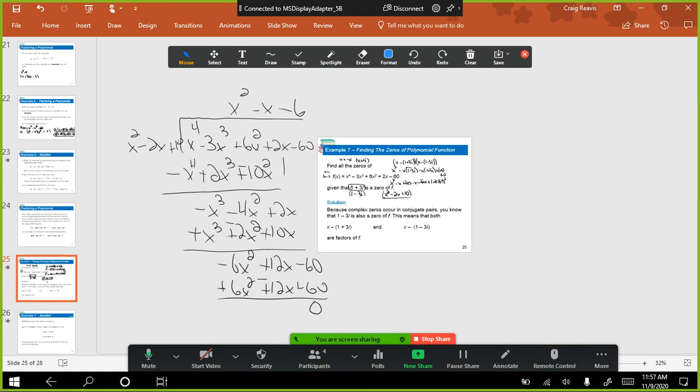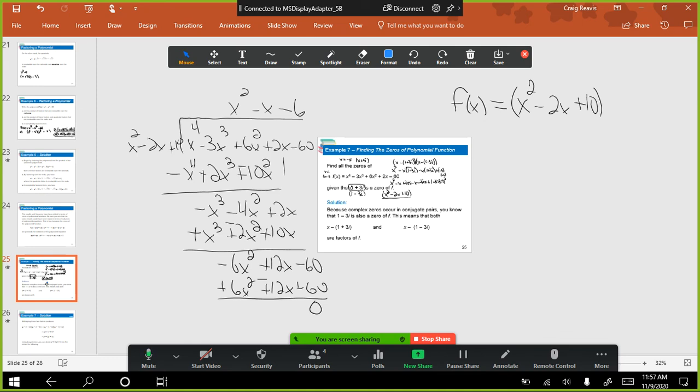So what I have is f of x is x squared minus 2x plus 10. That was the factor that came from my complex zeros.